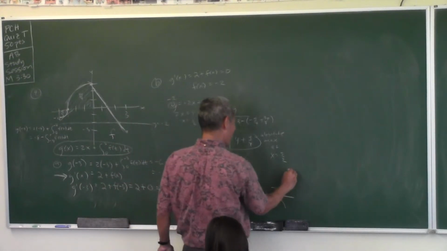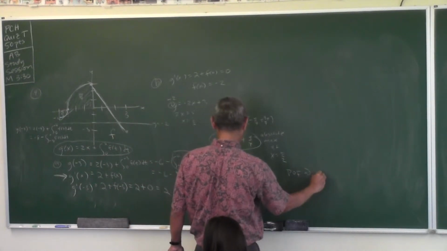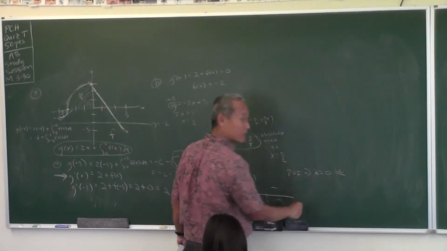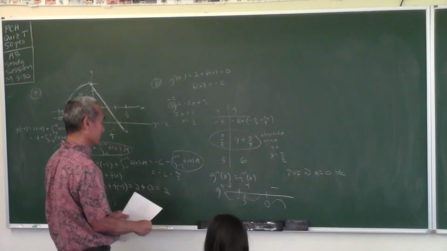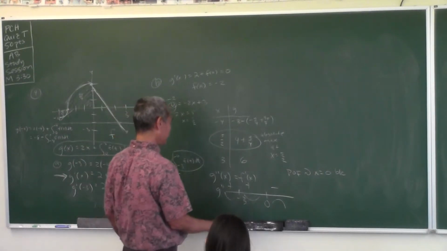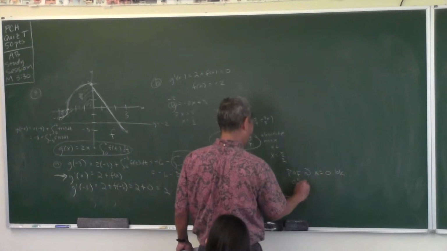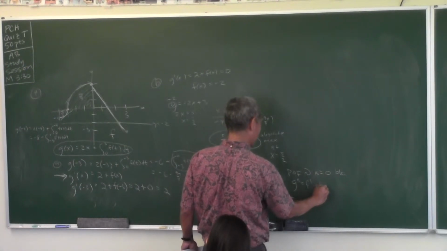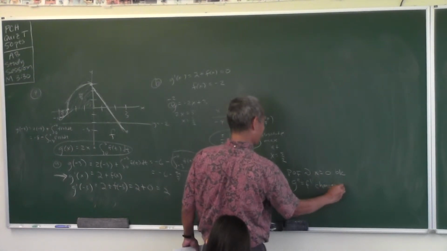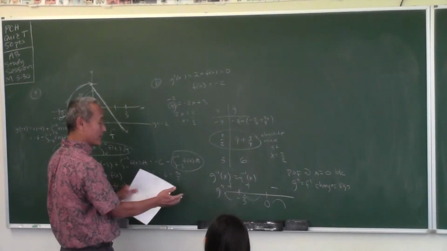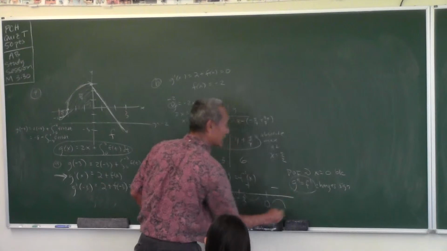So there's a point of inflection at x equals 0 because, what's the reason I should write here, Braxton Lee? F prime equals g double prime changes sign. There you go. G double prime, which is equal to f prime, changes sign. Because remember, in this kind of problem where you have two different functions, you gotta get both of them.